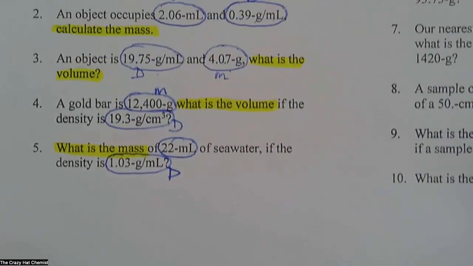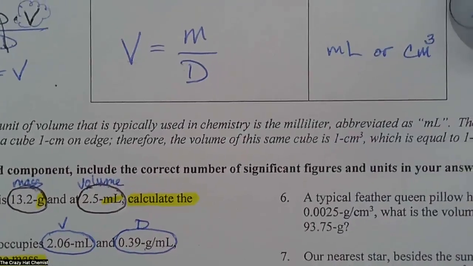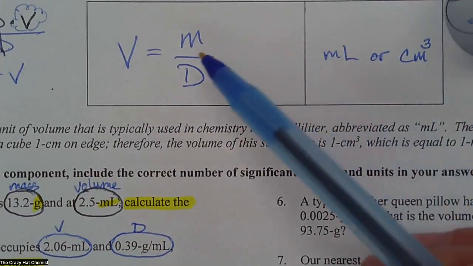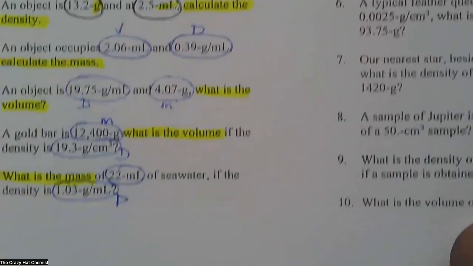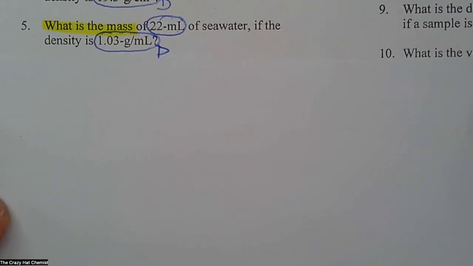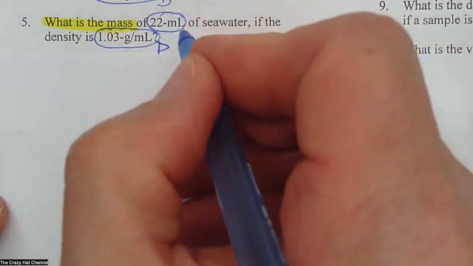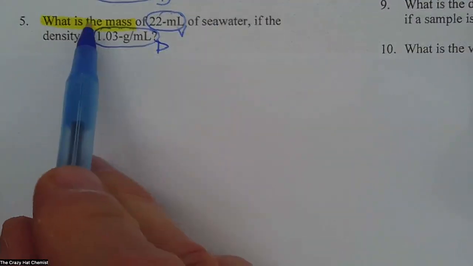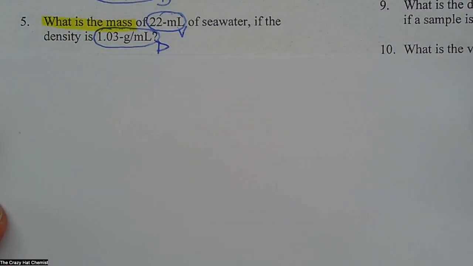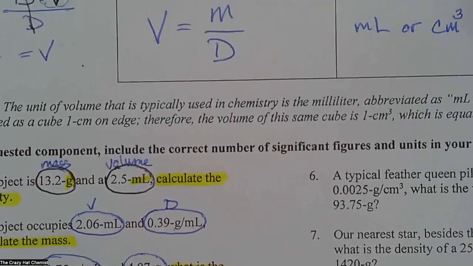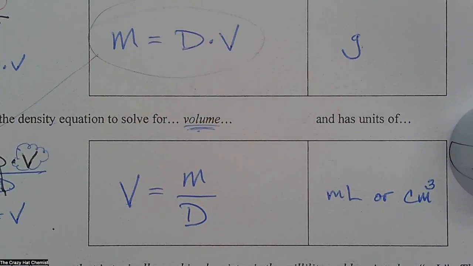Milliliters, what does that correspond to? Well, we need to figure that out. Milliliters corresponds to a volume. So we've got that part nailed now. So now we know that the 22 mils is a volume. We are solving for the mass. So let's write down the mass equation. That will be really important. So we scroll on up over here. Mass is equal to density times volume.